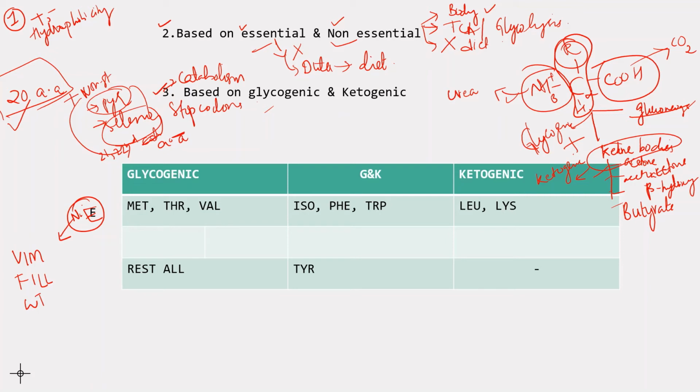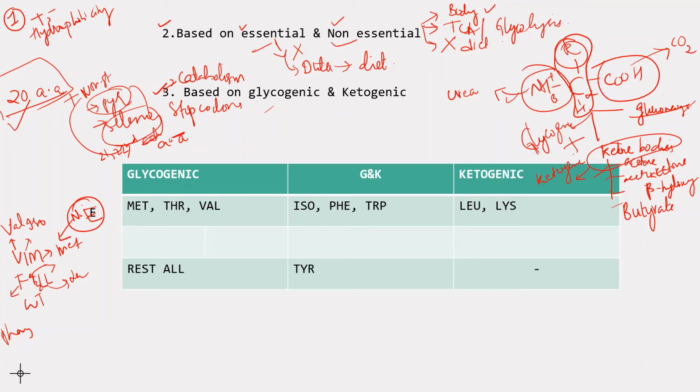V for valine, I for isoleucine, M for methionine, F the phonetic sound, it's phenylalanine, and leucine. This I is just repeated, you can cross it off.